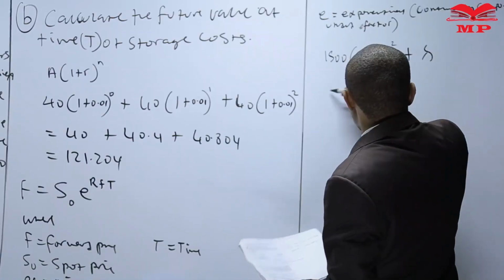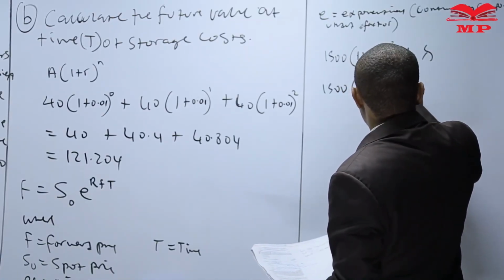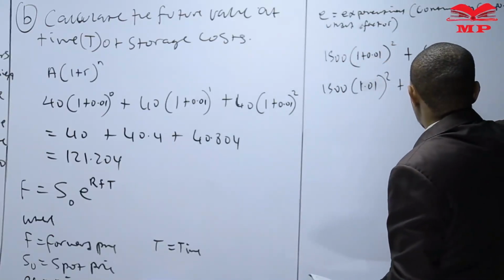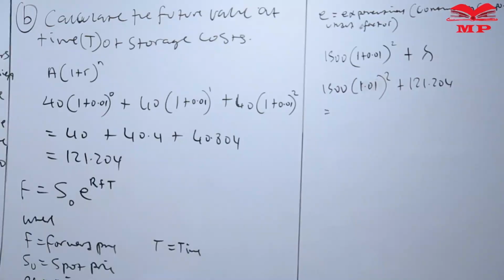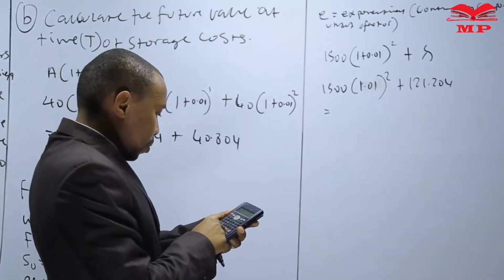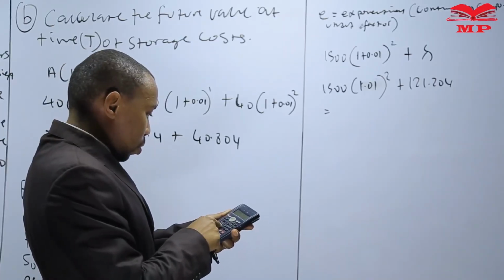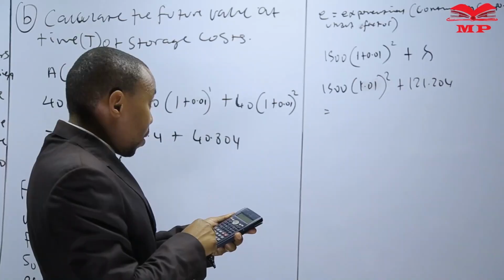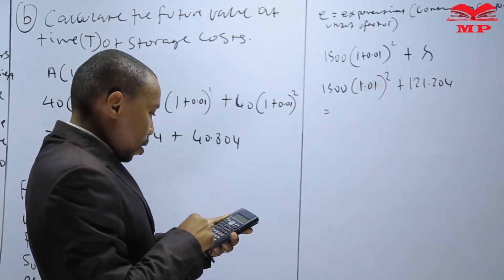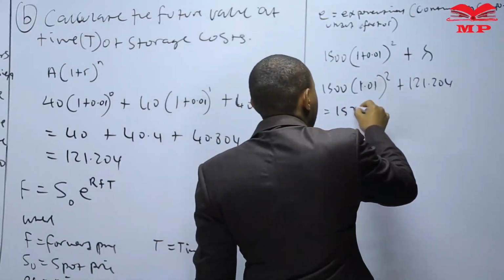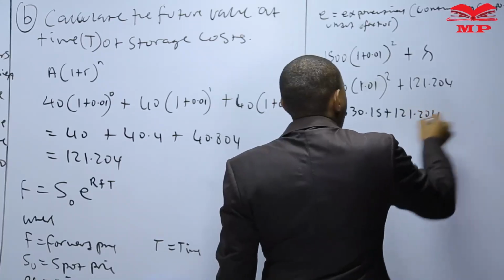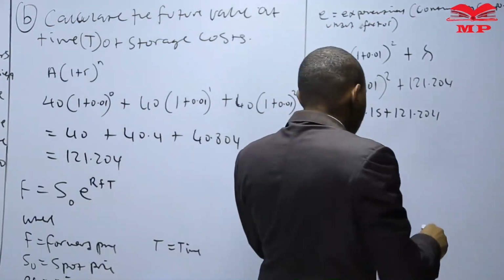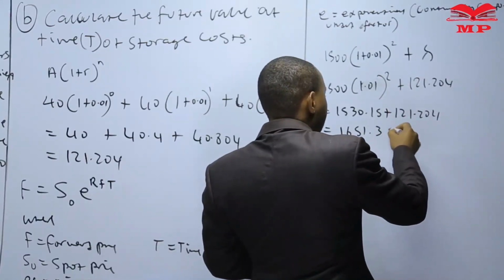So what do we have? We have 1500 times 1.01 squared plus 121.204. 1500 multiplied by 1.01 squared gives 1530.15, plus 121.204, and the total value comes to 1651.354.